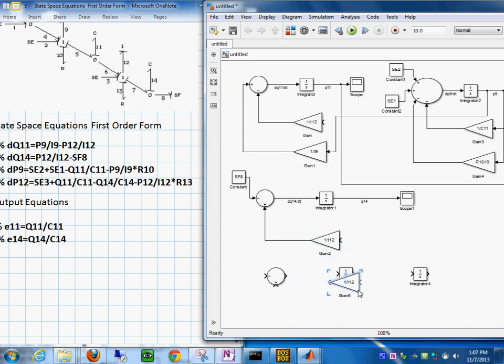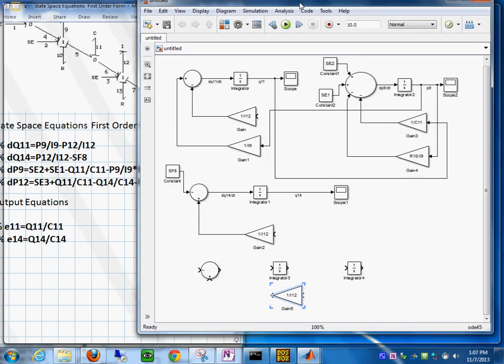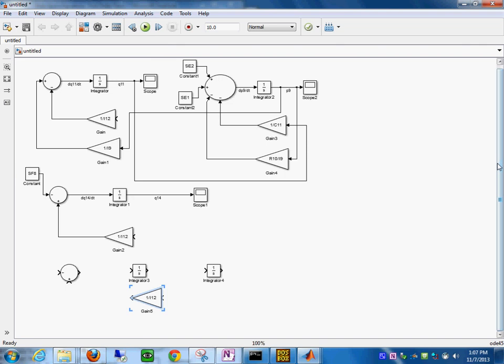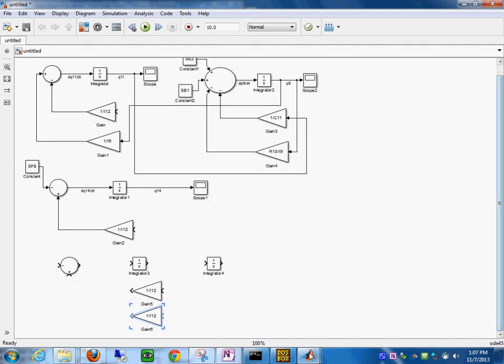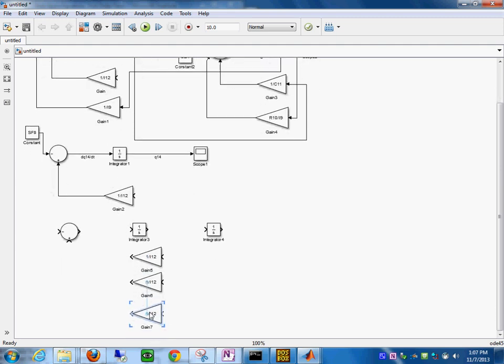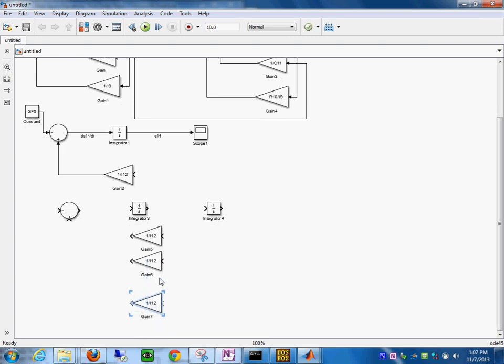We need 3 of these. We need to create the model a little further down. Here. And then let's see, this is the way to get things.